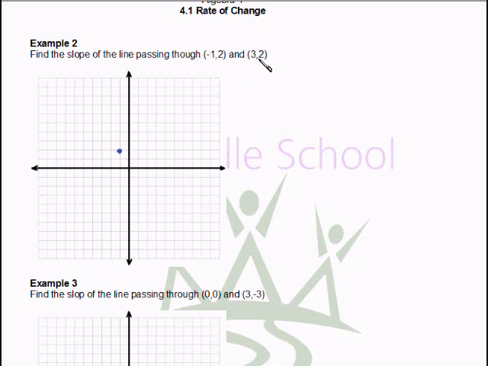Our second one is 3, 2. So I'm going to go over 1, 2, 3, and up 2. If you notice, they're not at different heights. They're on the same y-axis.